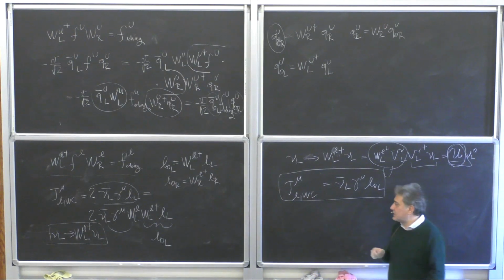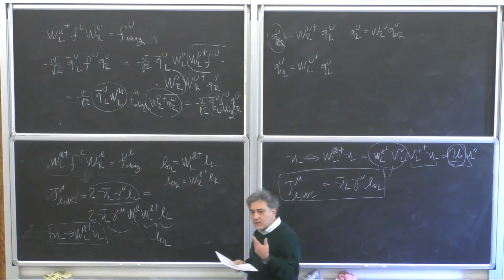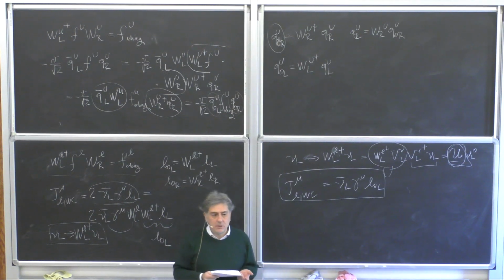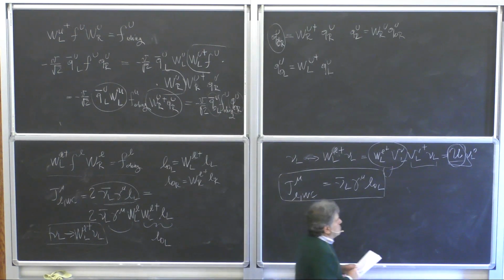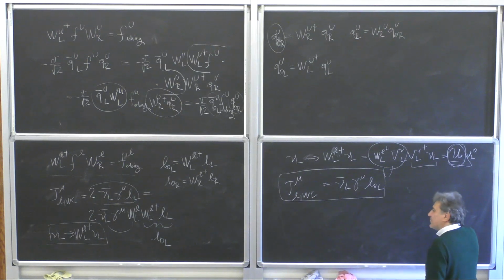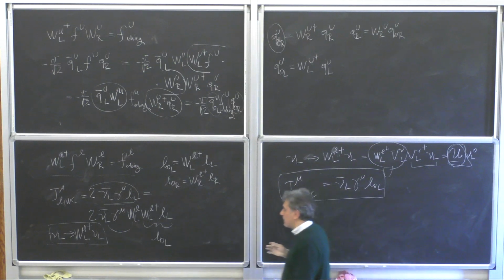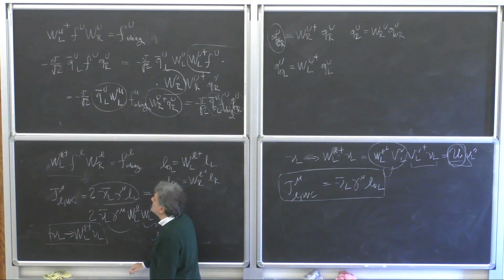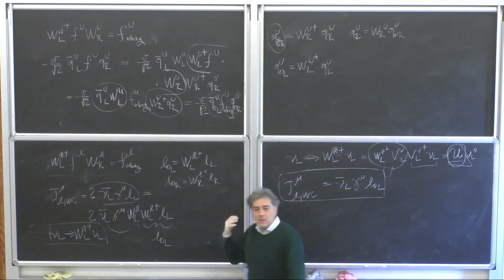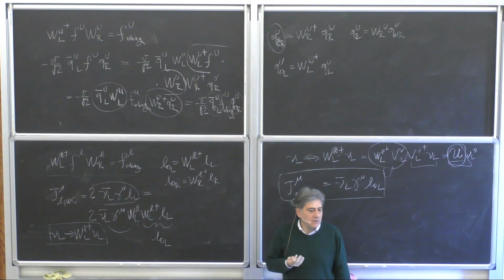Okay, so this is the first simple possible extension of the standard model. But there is a problem. It's not a mathematical problem from the point of view of the consistency of the theory.